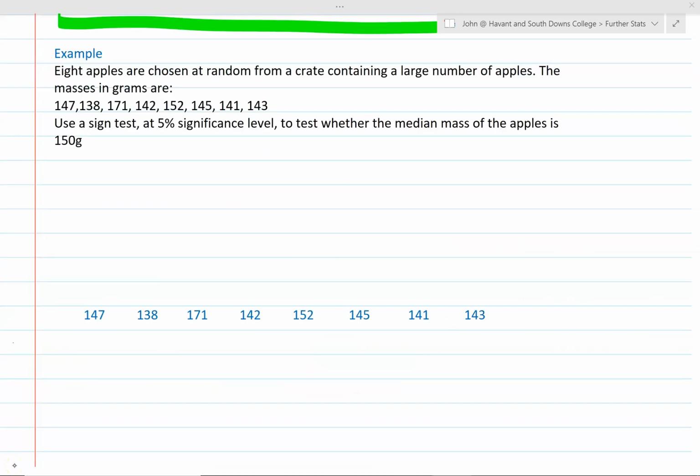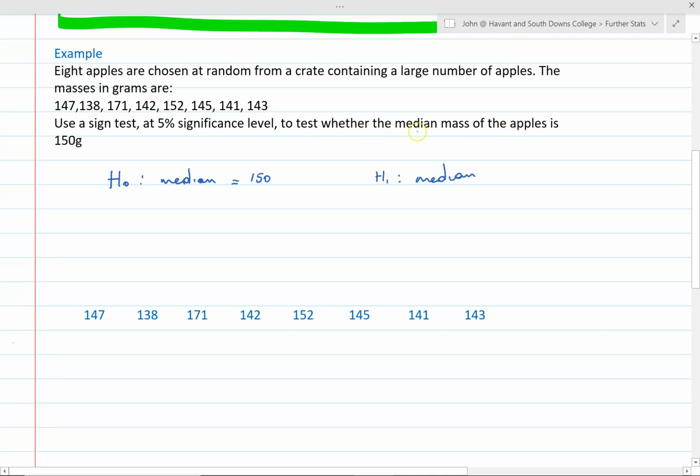So let's do an example, the same example as we did last time with the signed test. It's all about the median, so let's write up our null hypothesis. H0 is that the median is 150, and H1 is that it's not 150, because there's no indication of a direction that we suspect here, so it's two-tailed.